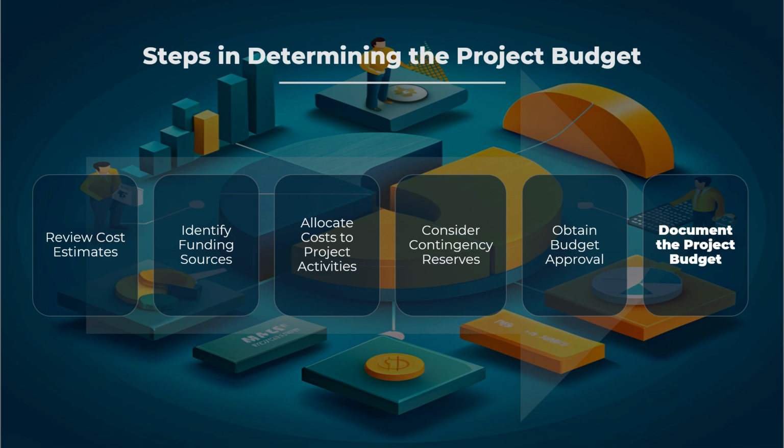Scenario: in a government project, document the budget to ensure transparency and accountability to the public and oversight bodies. By following these steps, you can develop a robust project budget that supports financial planning, resource allocation, and cost control, laying the groundwork for successful project execution.